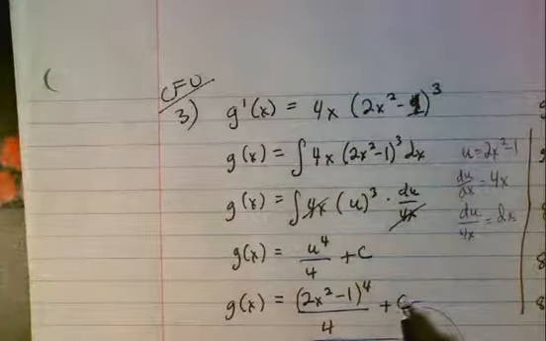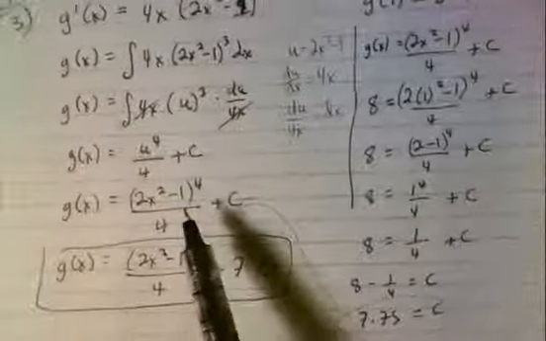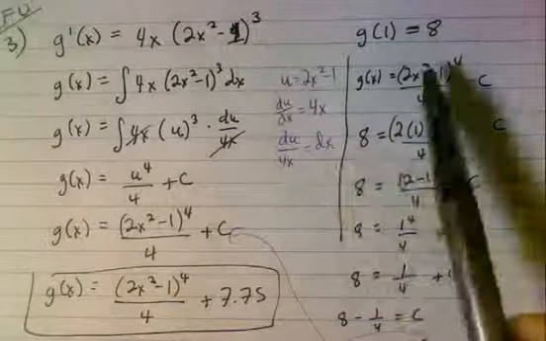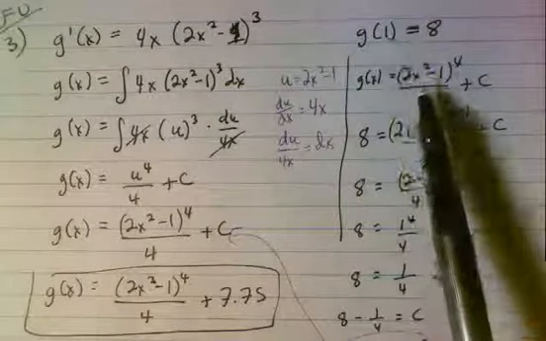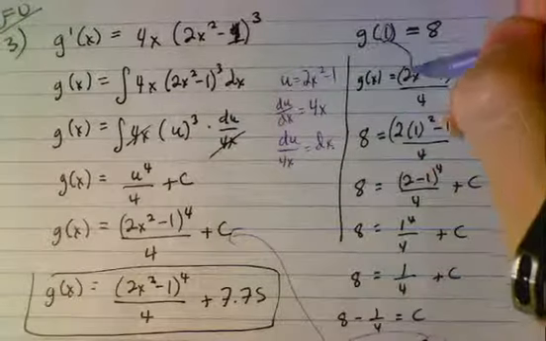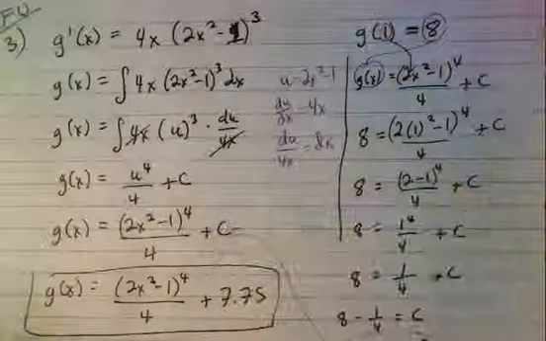Now the new part is to use this equation plus the information that we had on the initial condition to get that final equation with the number in for c. So we know that we put 1 in for x right here, and we put 8 in for the whole g of x.